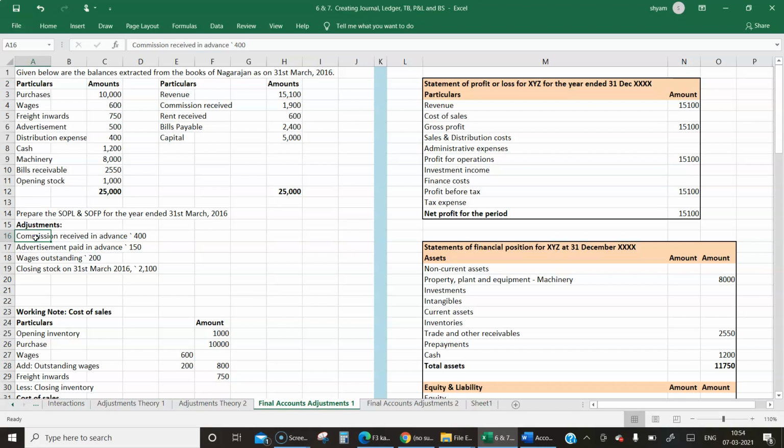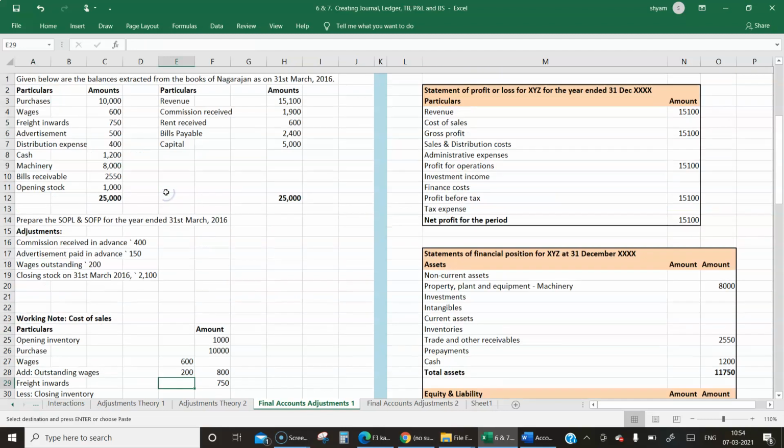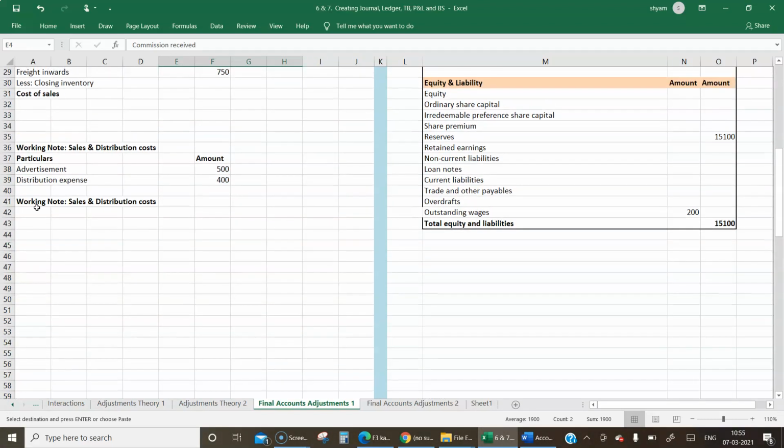Okay, so we have to show it as a working note. So the total commission received is 1900.